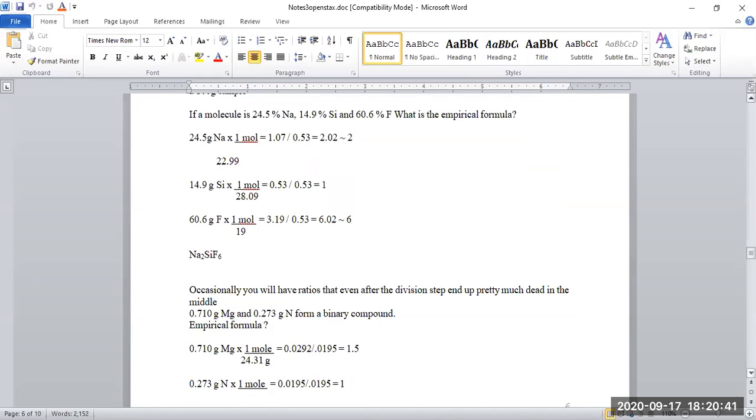Now there is one variant on this. What happens if you did the division step and you end up right in the middle? Unlike the problem above, okay, 2.02 obviously rounds to 2. 6.02, oh yeah, we can see that that rounds to 6. What if you end up dead in the middle?